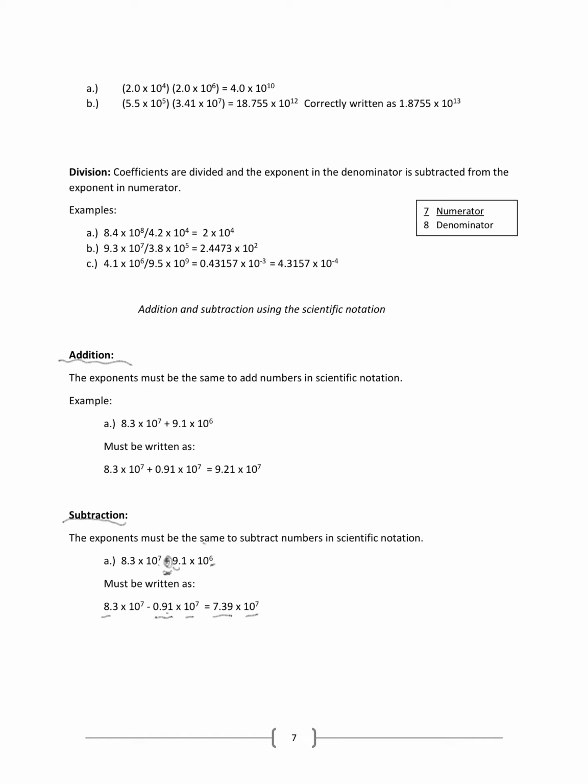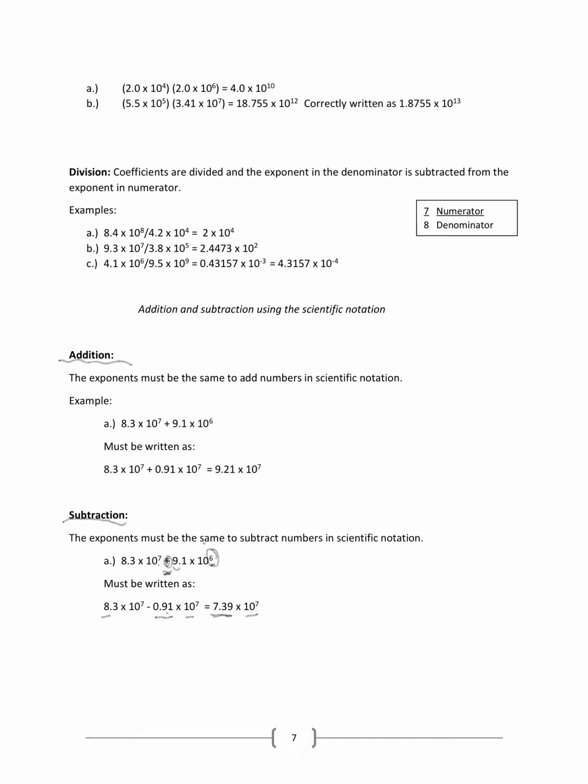We saw that we need to move the decimal place one place to the left to make my 6 a 7. So I have 8.3 times 10 to the 7th minus 0.91 times 10 to the 7th. I subtract the 0.91 from 8.3 and I get 7.39.